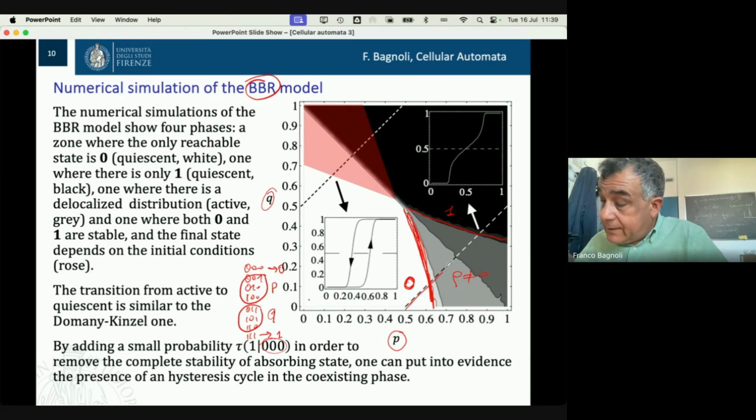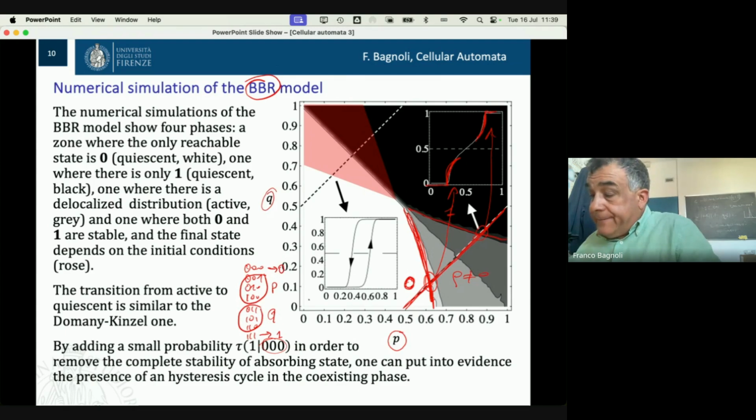And if you cut this transition here, you see this transition, which is very similar to what happens in the Domany-Kinzel model. And this one, which is essentially the same but reversed here. So this is here, and this is here.